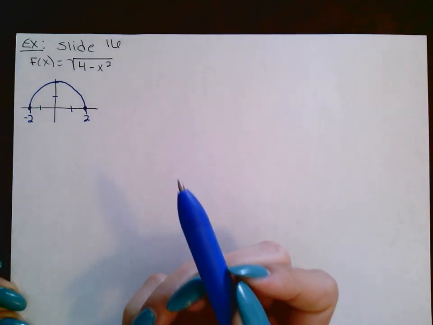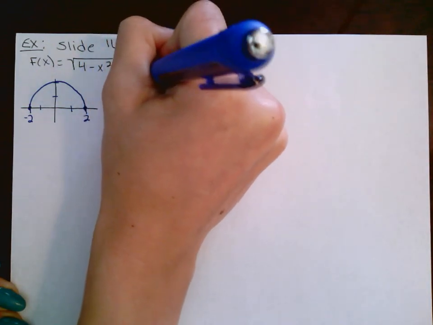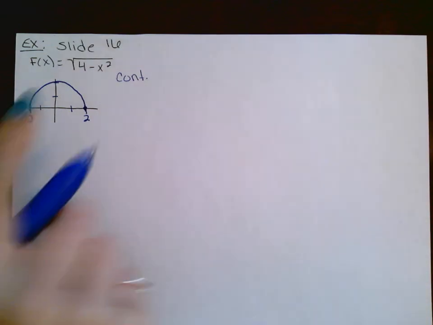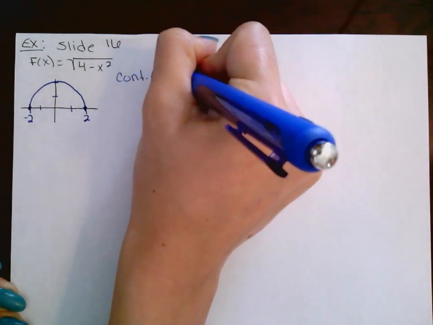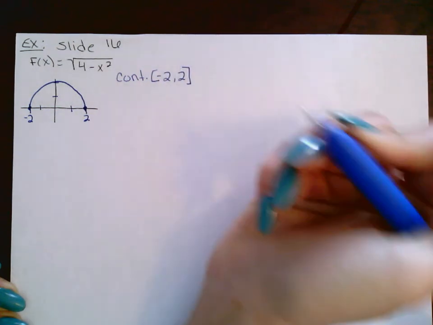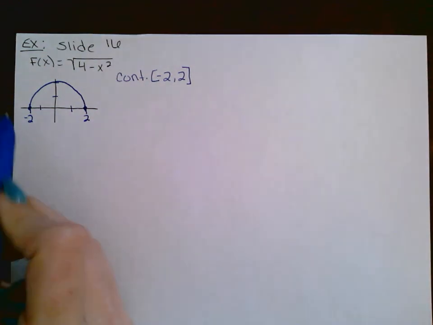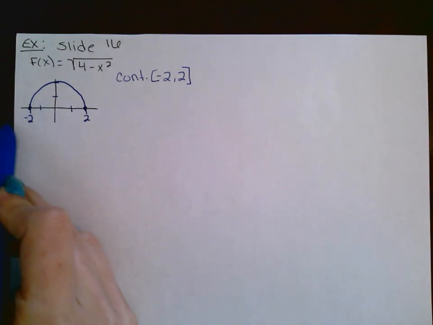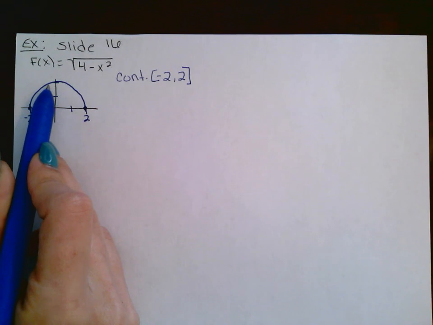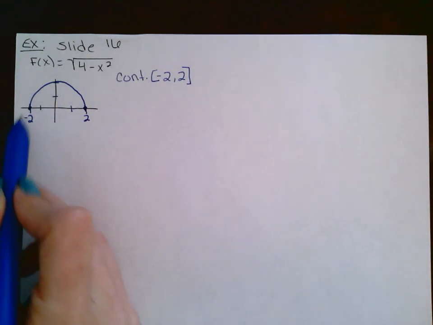Okay? So this function is only continuous between -2 and 2, and we include, you can see that they're filled in, those 2 points. I'm not going to write every single limit scenario out here, but we can see that the limit as x approaches -2 will not exist because there's nothing existing on the left. We could say that the limit as x approaches negative 2 from the right exists, and that hits 0 on the y.